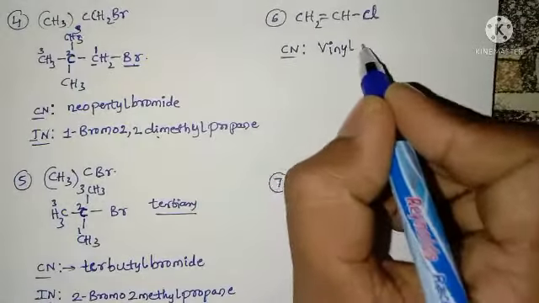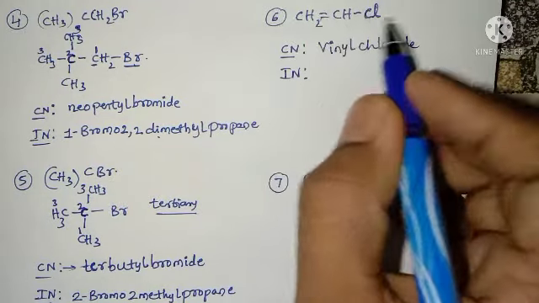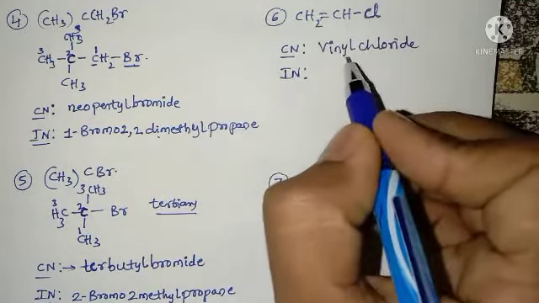The IUPAC name of this compound: chlorine is attached to this alkyl group, so first we name chloro and the corresponding hydrocarbon. Here 2 carbon atoms are there, hydrogen atoms are 3, and a double bond is there, so the corresponding hydrocarbon is ethene. So the IUPAC name of this compound is chloroethene.